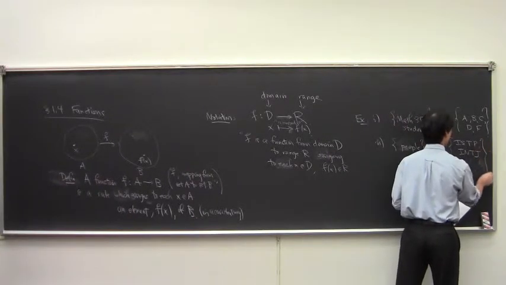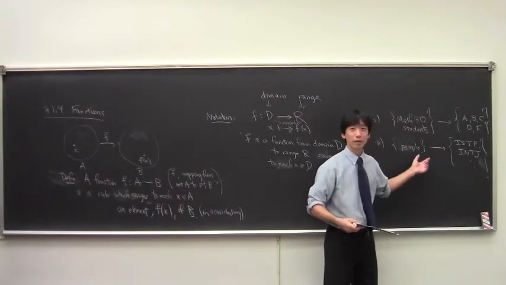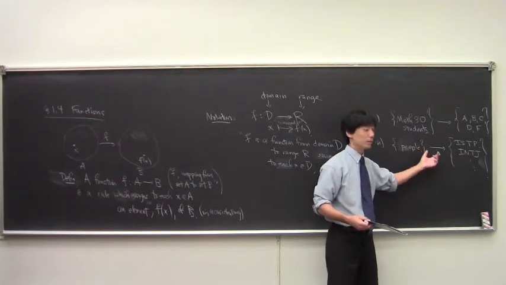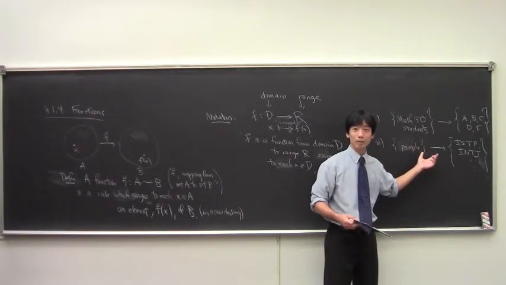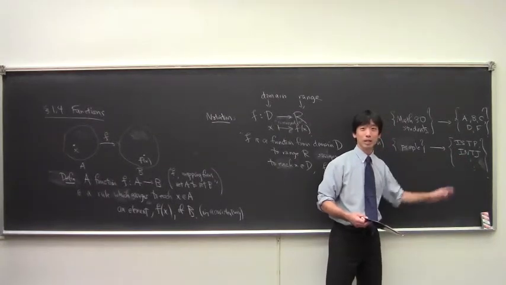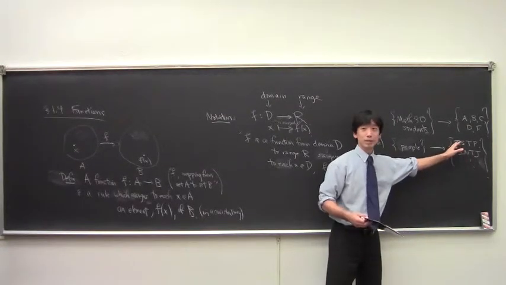So you get mapped to these personality types. And if the Myers-Briggs test makes sense, then this should be a well-defined function. To each person you get mapped onto one of these types.